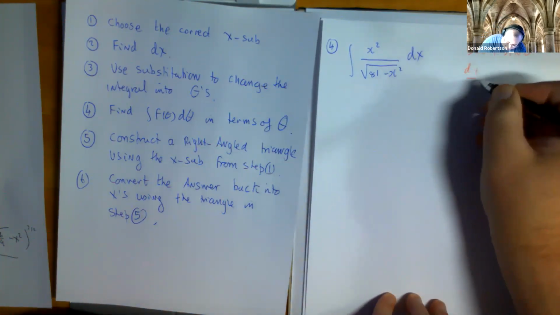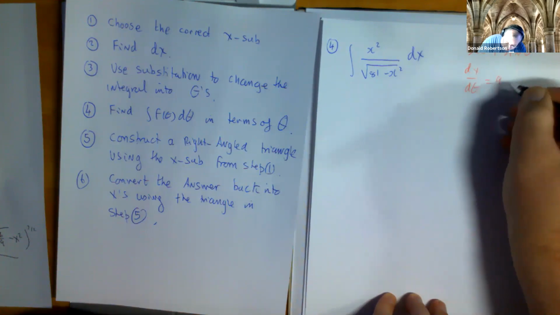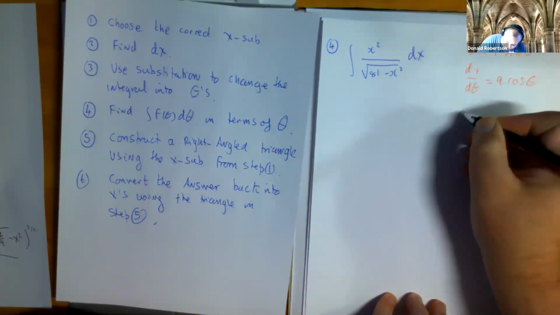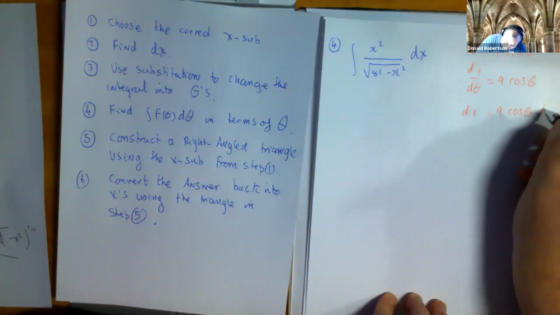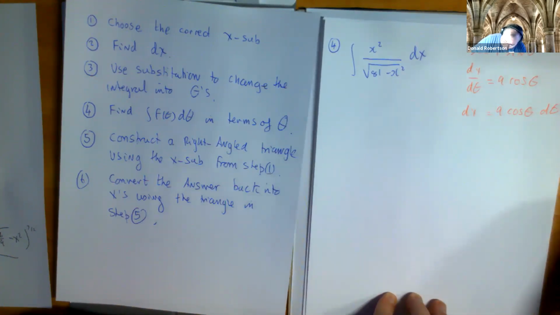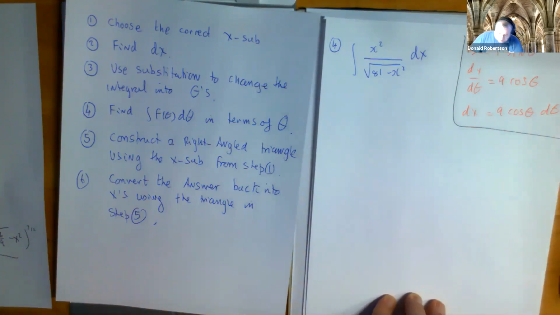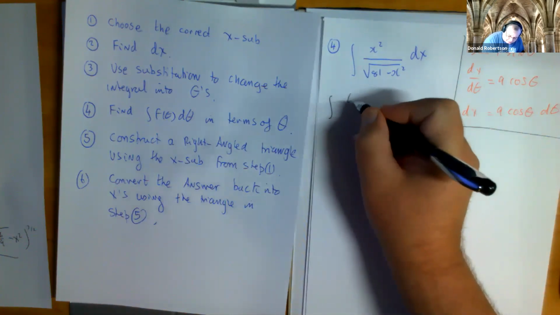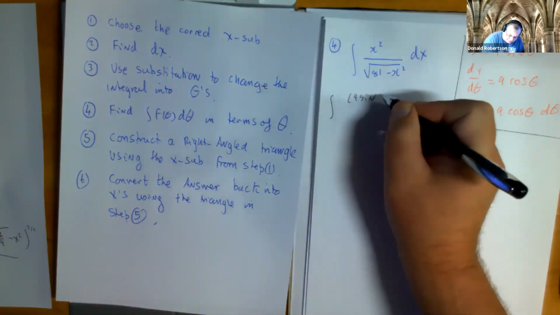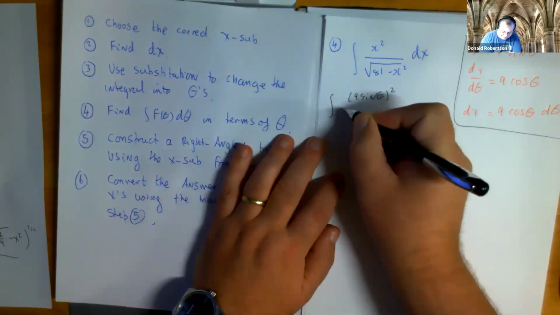So dx by d theta is going to be 9 cosine theta. Crossover is going to be 9 cosine theta d theta. These only do 3 lines instead of the typical 4. X squared is going to become 9 sine theta squared.